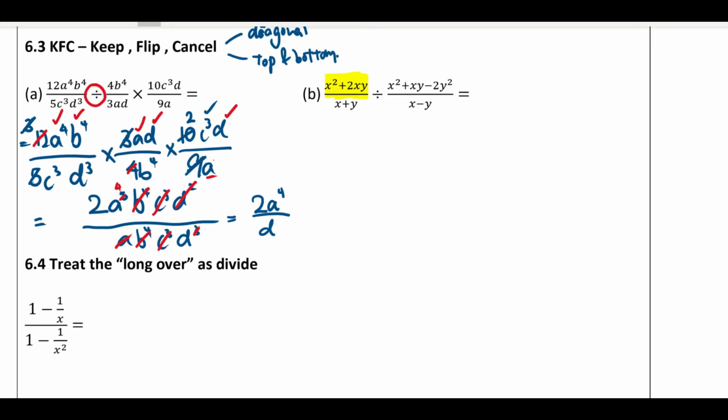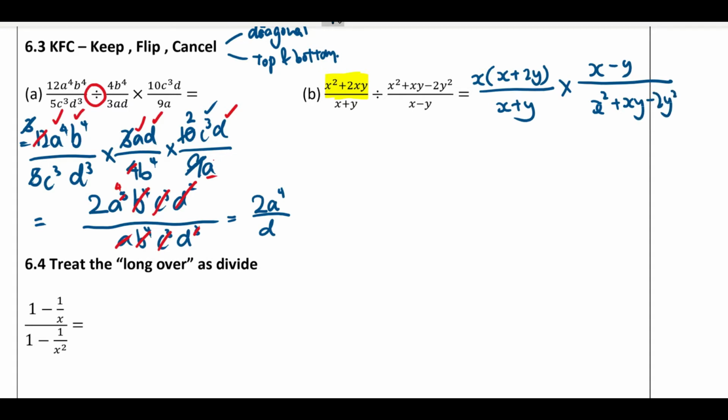x squared plus 2xy, we take out x, we are left with x plus 2y. Denominator, x plus y. Divide, we flip this to become x minus y over x squared plus xy minus 2y squared.